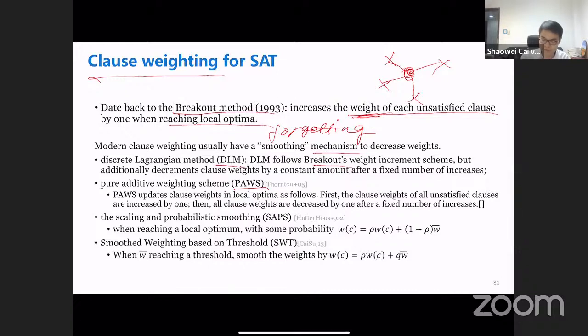I cannot go into so much detail, but another type is to update the weights by multiplying them with a factor. In this, we have two schemes. In the first scheme, after reaching a local optimum with some probability, for each clause the weight is pulled toward the average weight by a linear formula.